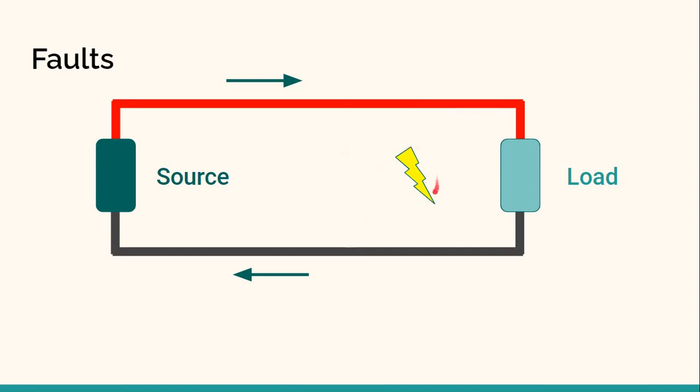If any breach in the insulation happens, the current will be diverted through the least opposition path, which is actually our short circuit, and will not flow through the load because it offers relatively high opposition to the current flow. The breach may be in the air insulation or in the insulation over the wires. If there is a breach in the insulation, the current will be diverted through that path.